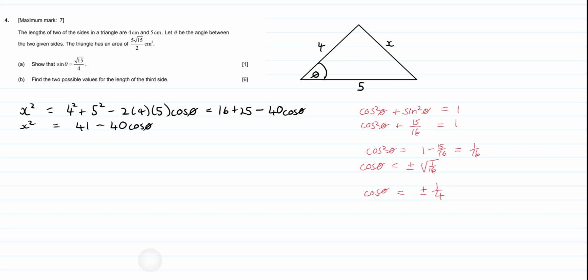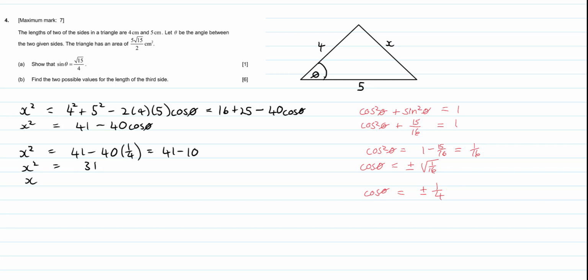So we're going to get x squared is equal to 41 minus 40 times 1 over 4. So 40 times 1 over 4 is just 10. So we're going to get 41 minus 10. So x squared is equal to 31.